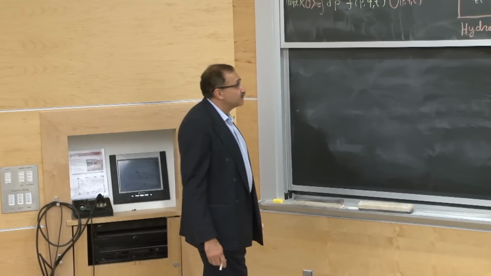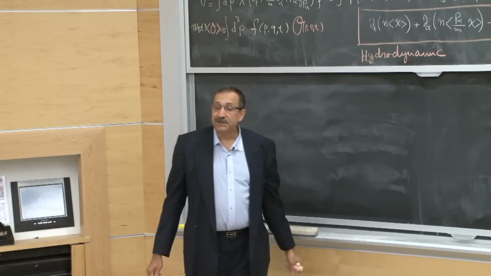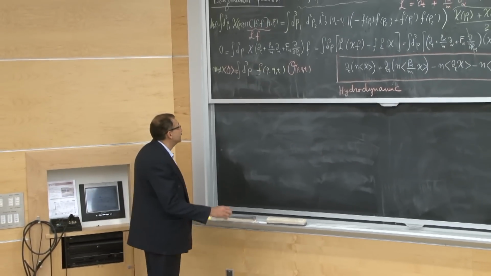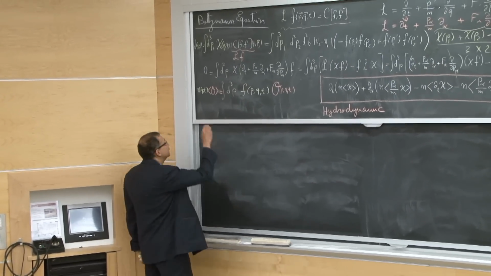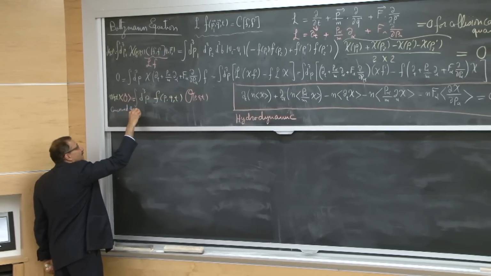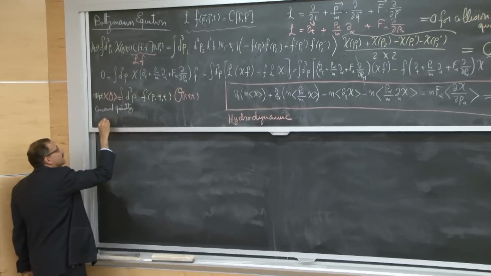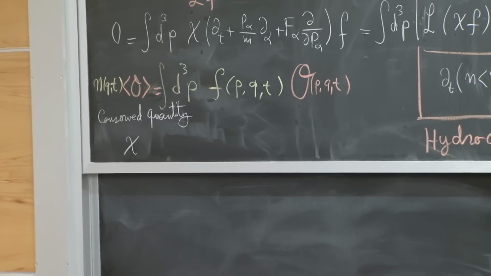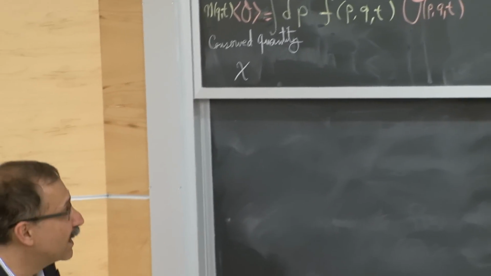Okay? So what I need to do is to go into that equation and pick out my conserved quantities. So what are the conserved quantities? And how can I describe them by some chi? Well, we already saw this when we were earlier on trying to find some kind of a solution to dH by dt equals 0. We said that log f has to be the sum of collision conserved quantities. And we identified 3 types of quantities.